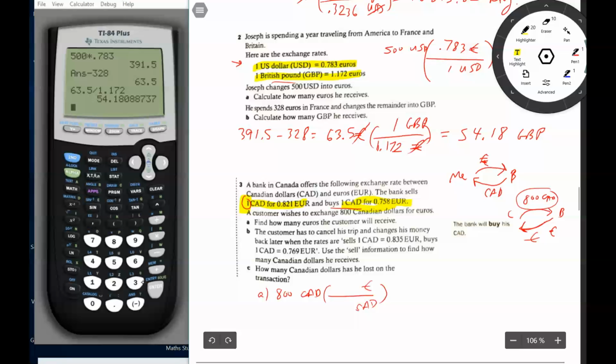And we want the one where the bank is buying Canadian dollars. So that would be bank is buying, it's this one, okay?